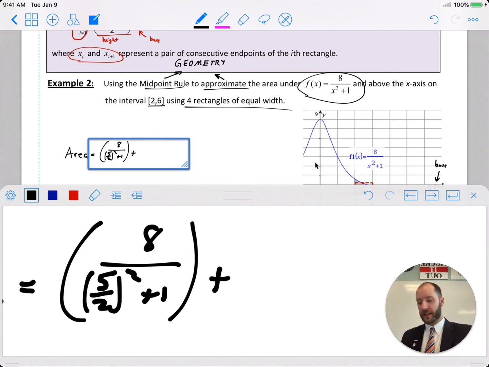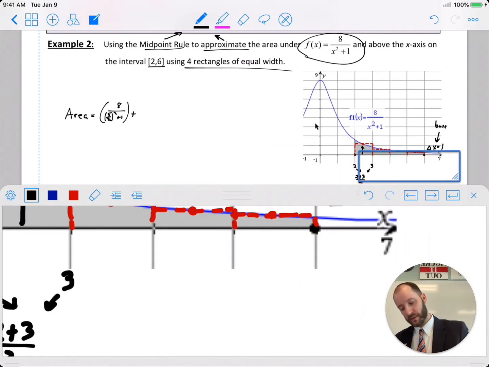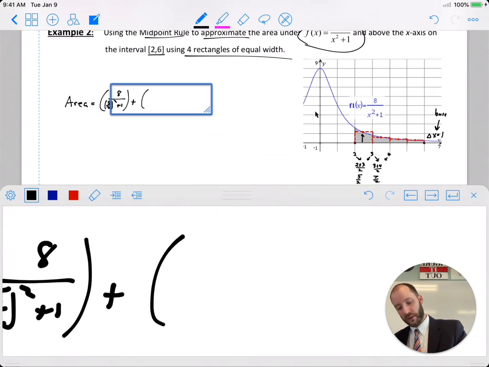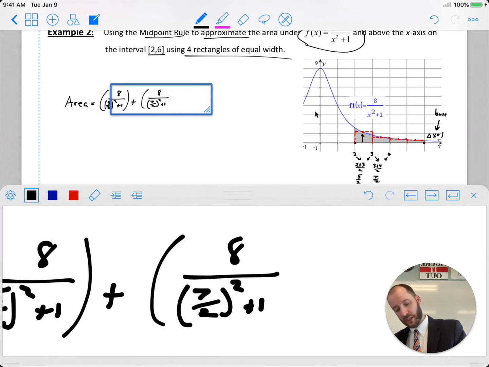And we want every rectangle. So you have 3 to 4. So you have 3 plus 4 over 2, which is 7 halves. So I have 8 over 7 halves squared plus 1. There's our second rectangle.